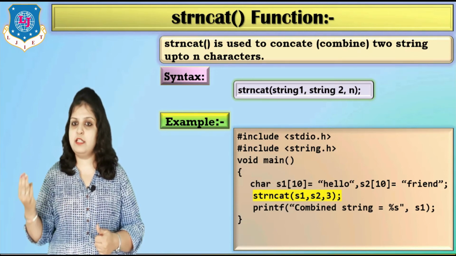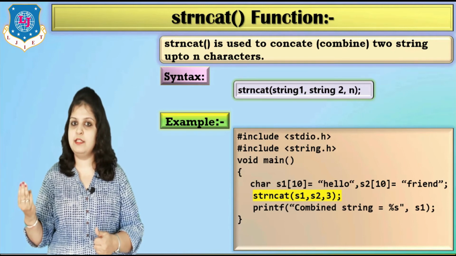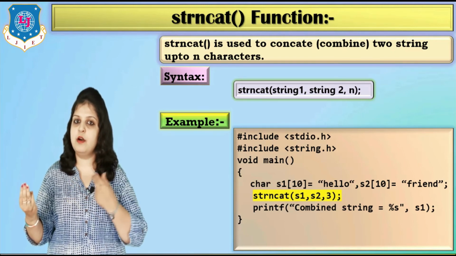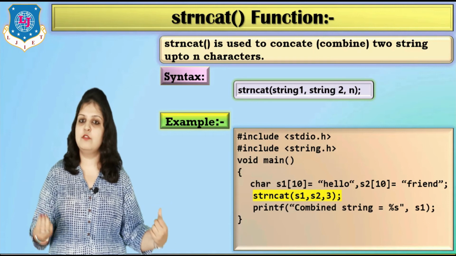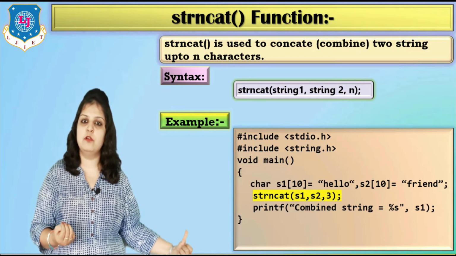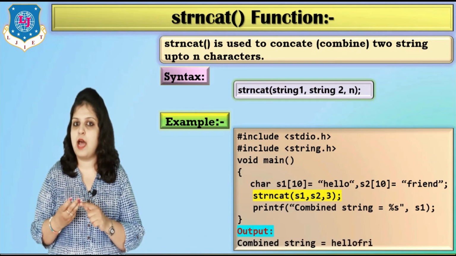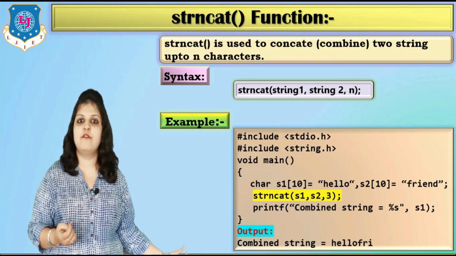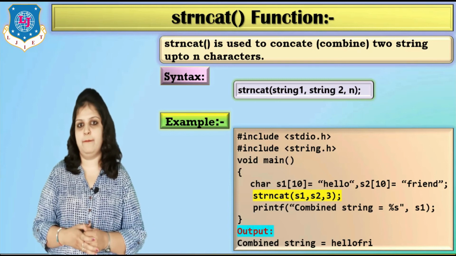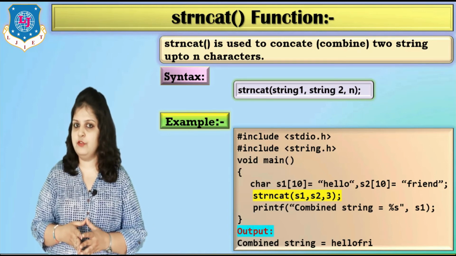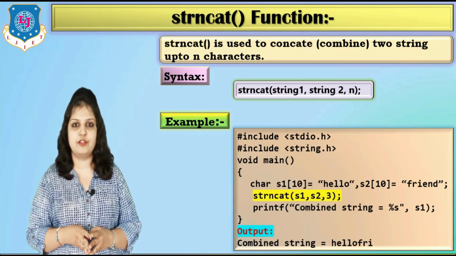Now the first three characters of the friend string will be merged with our s1. So our output is like hello, and then the first three characters from friend, that is fri, will be merged. So our output is like hello fri. In this way we can use the strncat function.